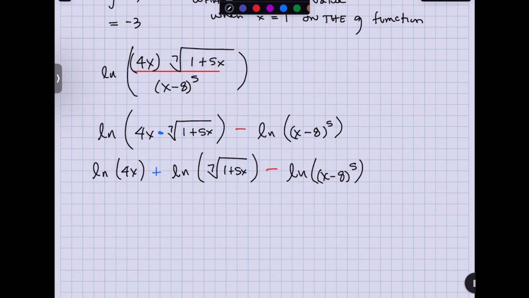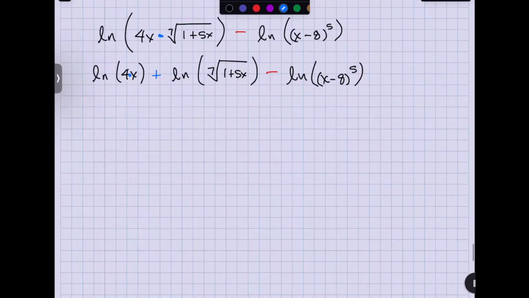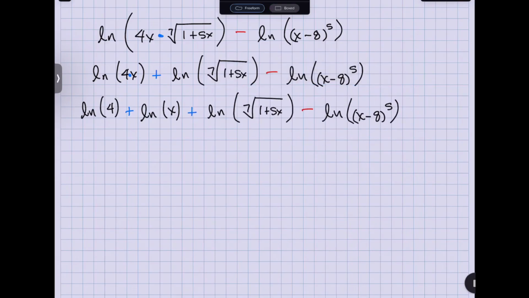Do I see anything else? 4x is another product. So more product rule. Awesome. Now the power rule.